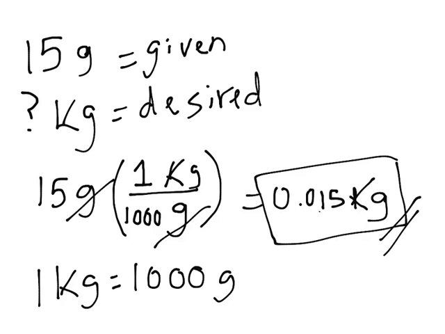Now I'm going to make another more complicated example to show you that this process doesn't only work for basic conversions, but for more complicated ones as well. The problem says, how many liters are there in 1 decimeter cubed if 1 milliliter is 1 centimeter cubed? So let's write it this way first. The desired unit will be liters, right?